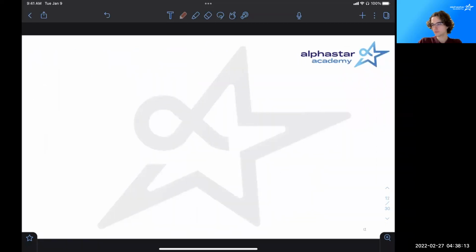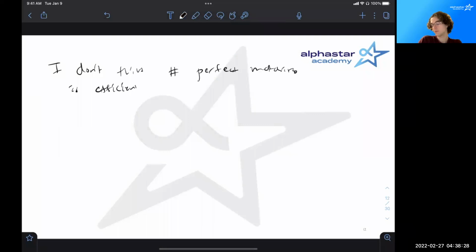So I don't think counting matchings is efficient, but n is less than 18, so maybe O of 2 to the n or O of n times 2 to the n.